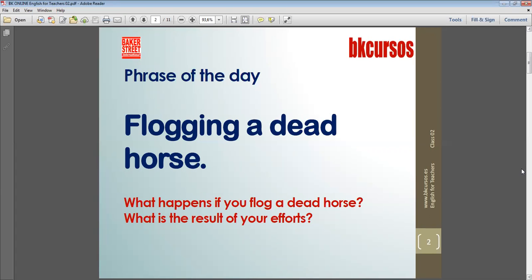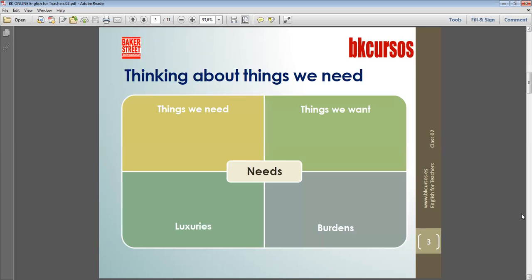But if the horse is already dead, you're doing nothing. Absolutely. Very good. So flogging a dead horse, what happens if you flog a dead horse? Nothing. And what's the result of your efforts? Waste of time. Okay. So it's when you're doing something which has no result. There's no result to your efforts.